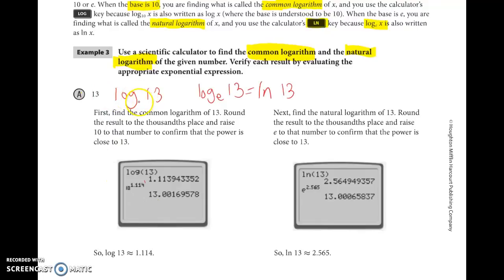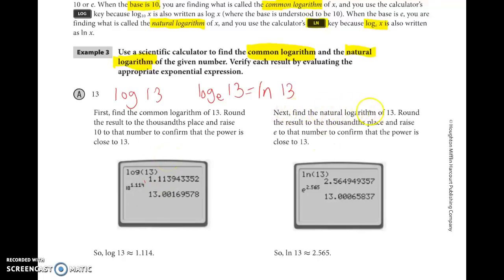Remember, the base of the common log is 10, so it's 10 to the 1.14, because they rounded it here, and they got approximately 13. So yes, log of 13 is 1.1139, so forth.